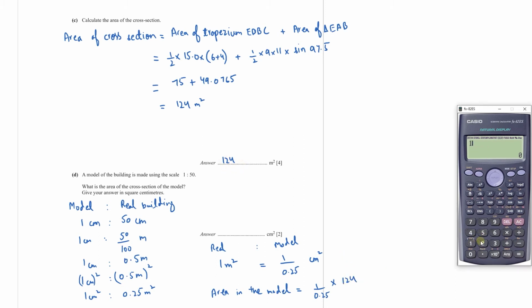So 124 divided by 0.25, you get 496 centimeter square. So 124 meter square in the real building will represent 496 centimeters square in the model of that building.